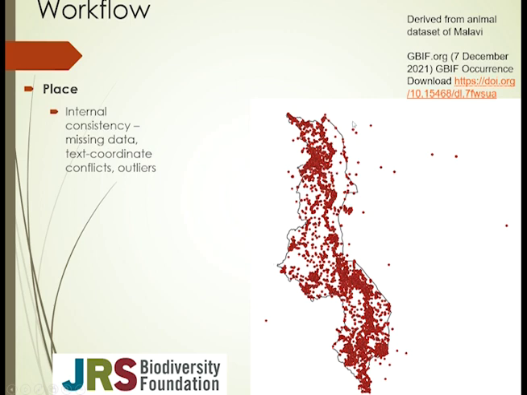But you have outliers, all those occurrence points that are not inside the border of your country. So it is a problem here. You need to clean them out, to discard all of this. Those are the problems we have.